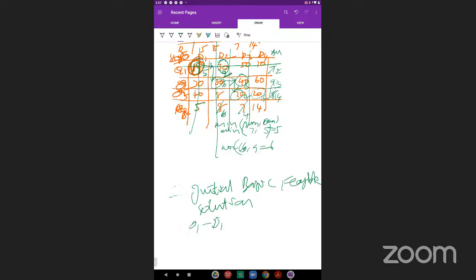How much Xij are you allocating? 5 quantities you are giving. Cost is how much? Unit cost Cij. Unit cost is 19. So the total cost we can get is Cij into Xij. So 95.